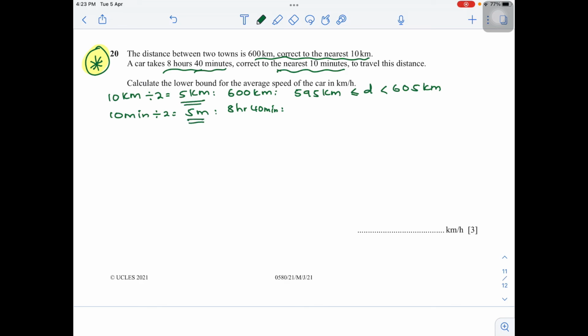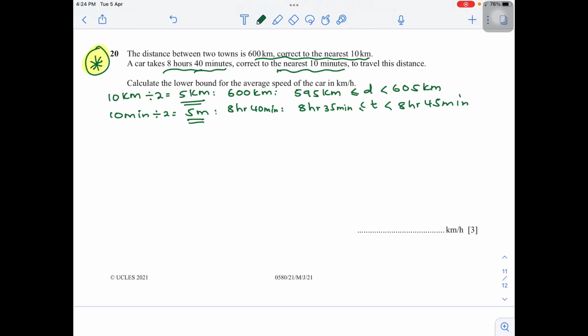This 5 I have to add and subtract for lower bound and upper bound. So 8 hours 35 minutes is less than or equal to the time t, which is less than 8 hours 40 plus 5, 45 minutes. All right.